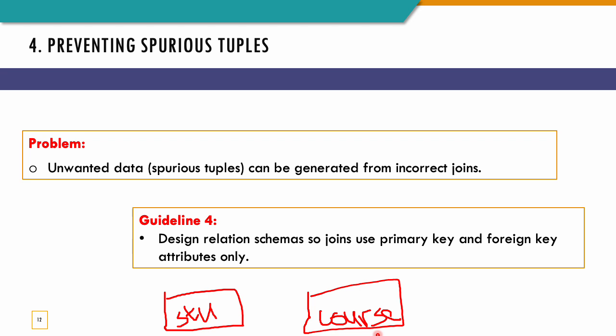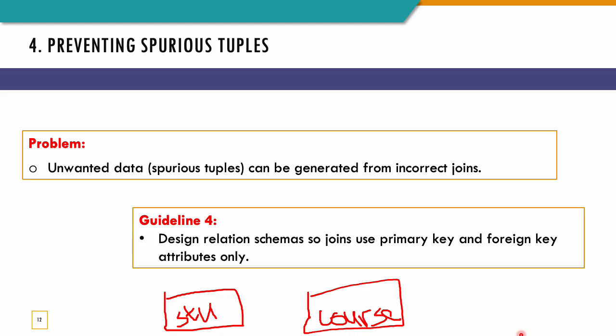Okay, so by using primary keys and foreign keys for your joins, we can make sure that each row in the result is linked correctly, with no extra rows or wrong combinations. And it prevents duplication or mixing of data that leads to spurious tuples.